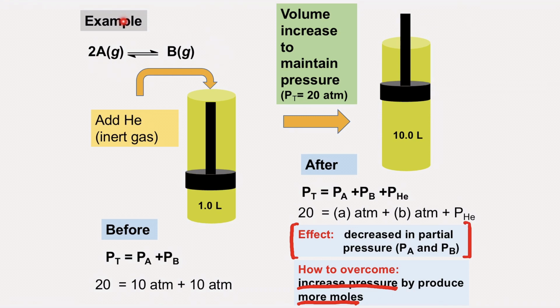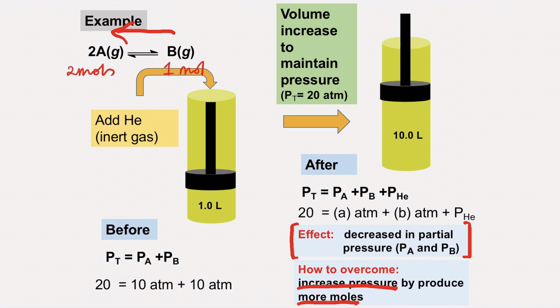Tengok sini. Your reactant ni. So on the left, you have 2 moles. On your right, you have 1 mole. So, what does it mean? Awak akan shift to right ke left? More moles. You akan shift to the left. Okay? Right? Because you want to produce more moles of gases to increase the pressure again.